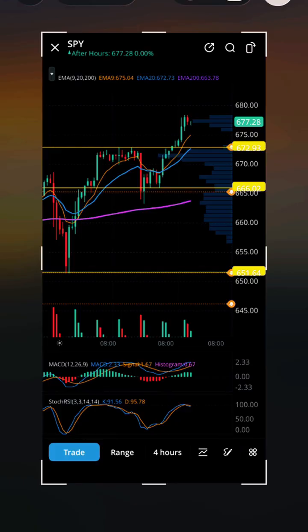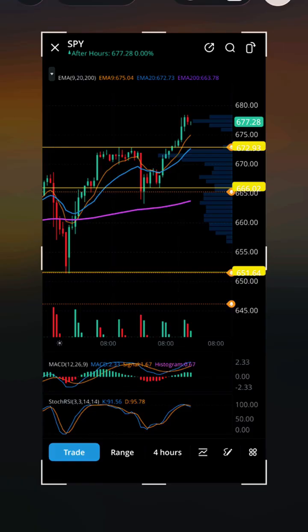If it's a wick on the bottom, it's showing you that the price went that low, but it came back up and closed where the bottom of the candlestick is at. If you see a wick on the top of the candlestick, it's showing you how high the price went before it came back down to where it closed. So remember that red candlesticks open at the top, close at the bottom. Green candlesticks open at the bottom, close at the top.